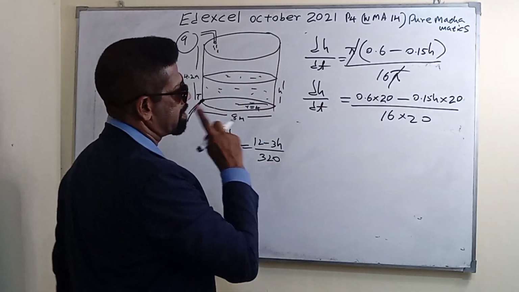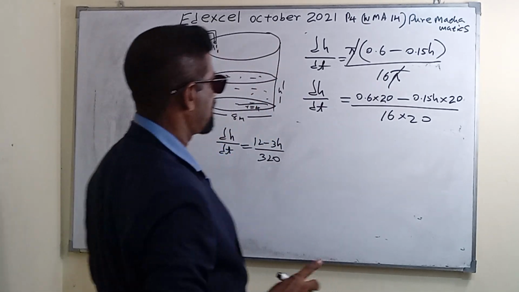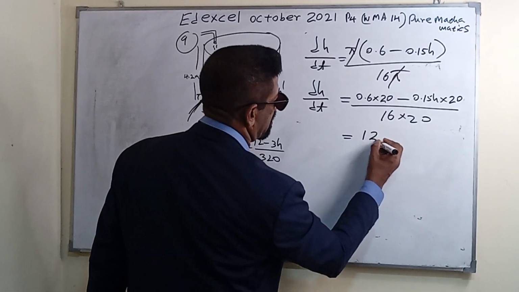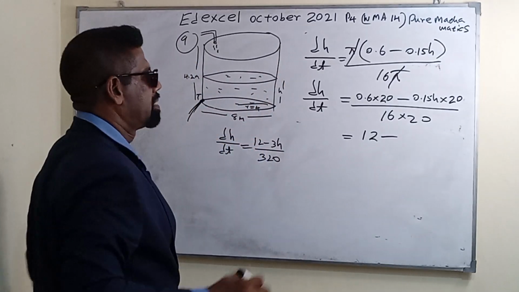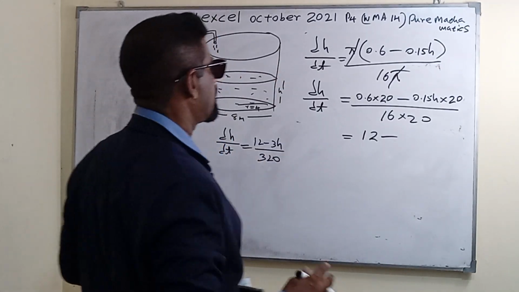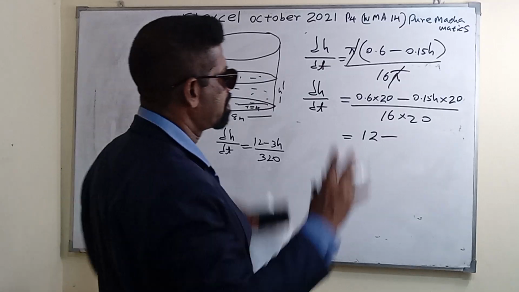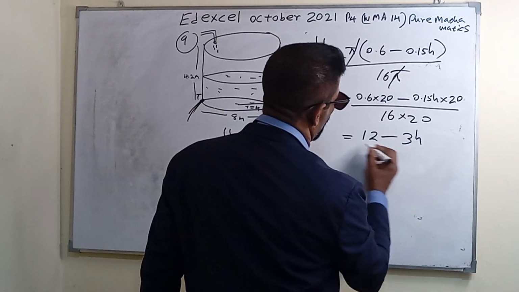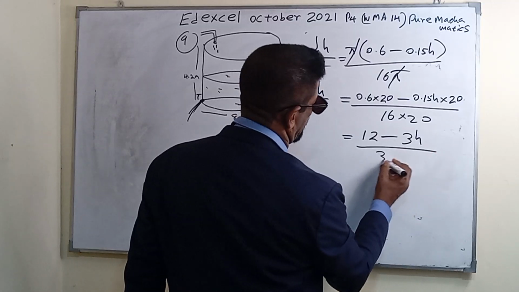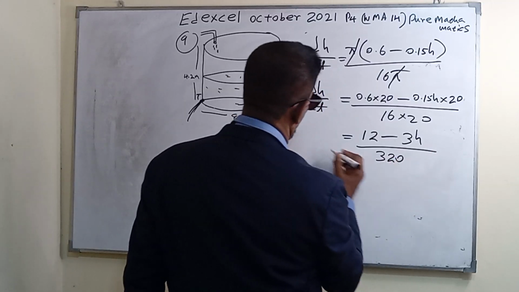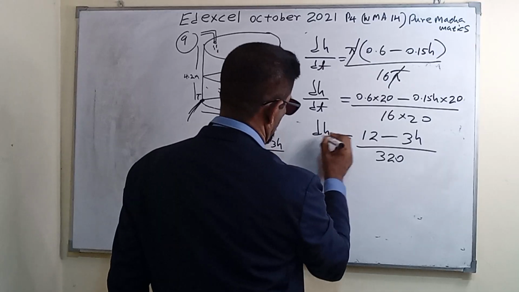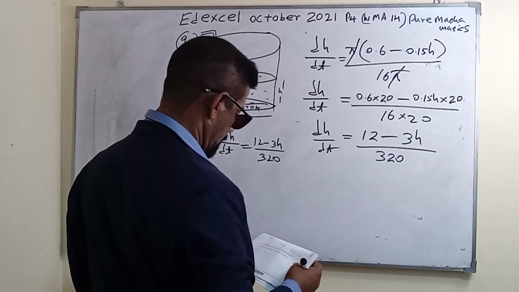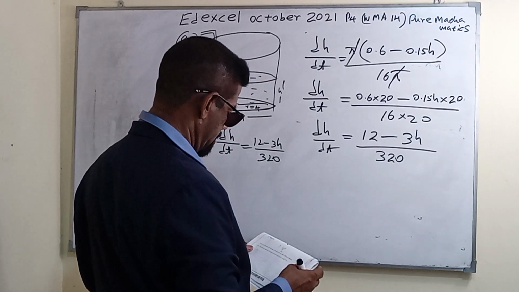We know 0.65 times 20 is 13 and 0.15 times 20 is 3, so we get 13 minus 3h over 320 for dh/dt. This is the first part.